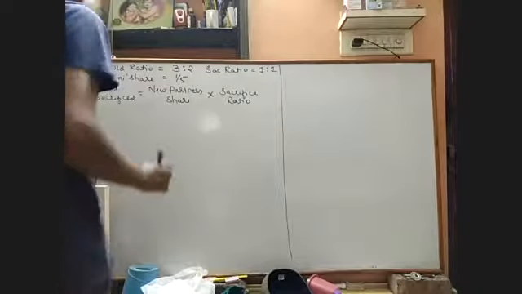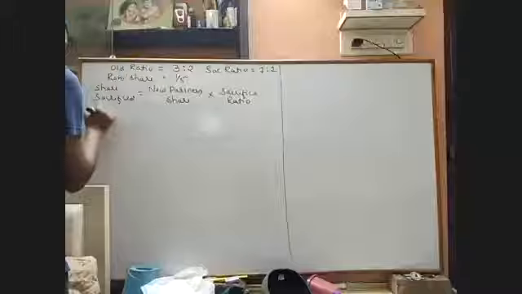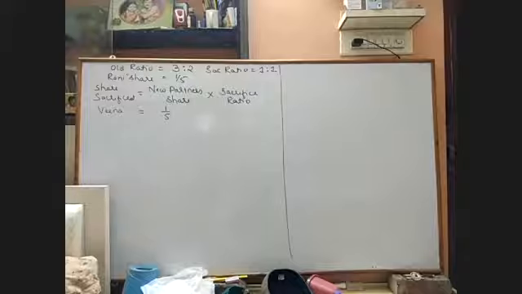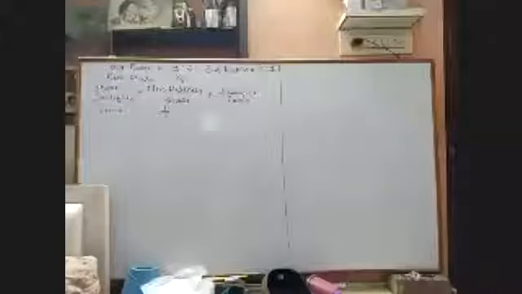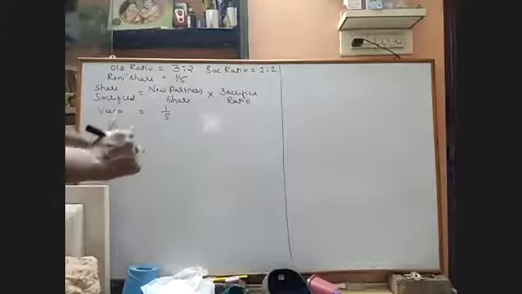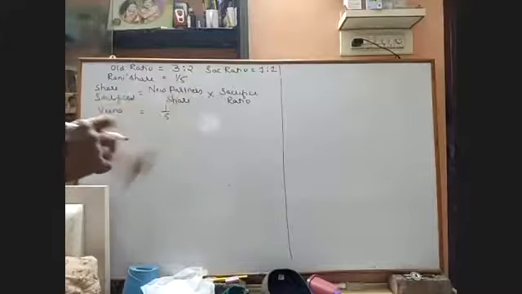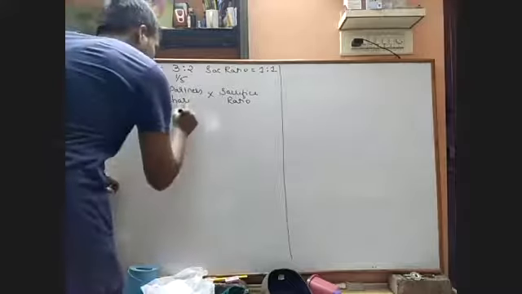So considering this, the first is Veena. Veena is equal to the new partner share, which is 1/5, and the sacrifice ratio is 1/2.